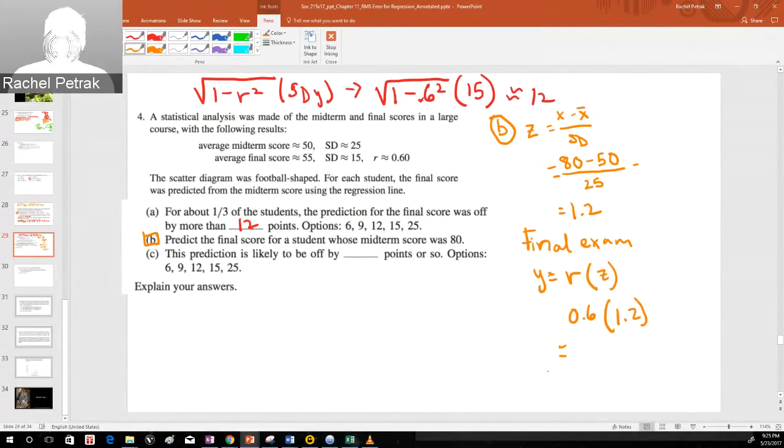And that's approximately 0.72 standard deviations.